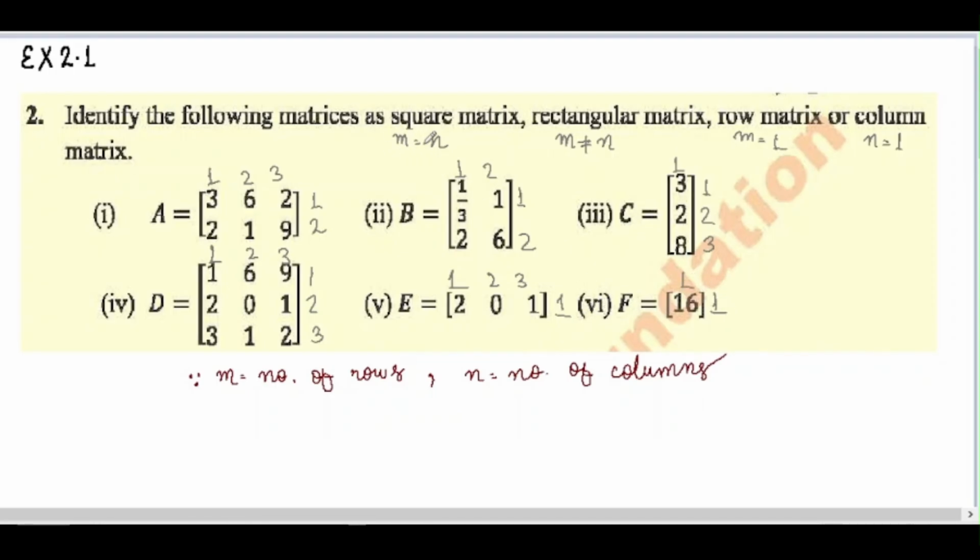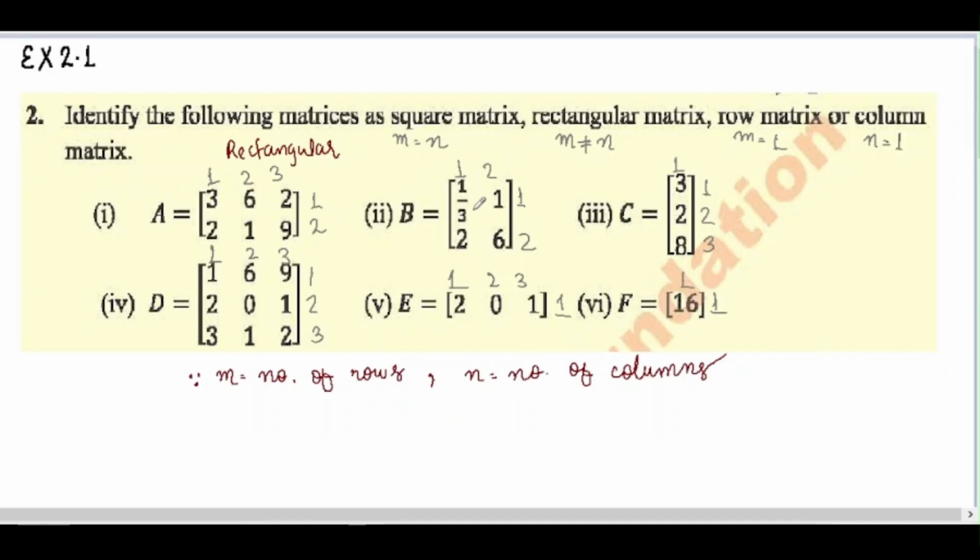So now first of all, we are going to see if m equals n here. No, m equals 2 and n equals 3, so m is not equal to n. And none of the values equal 1, so it is a rectangular matrix. I'm going to write it here, rectangular.